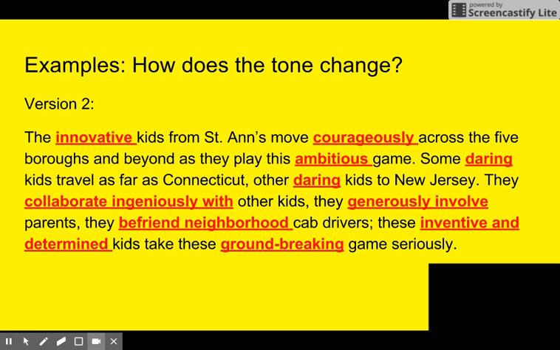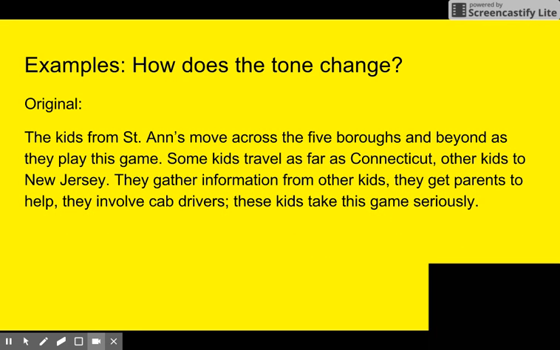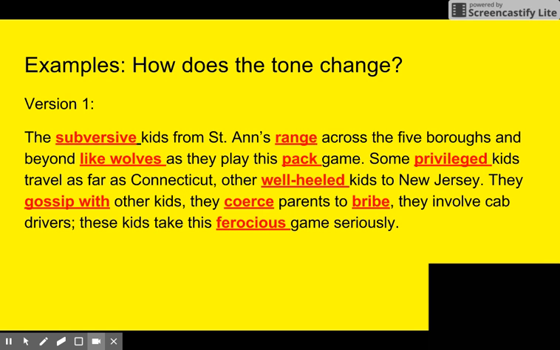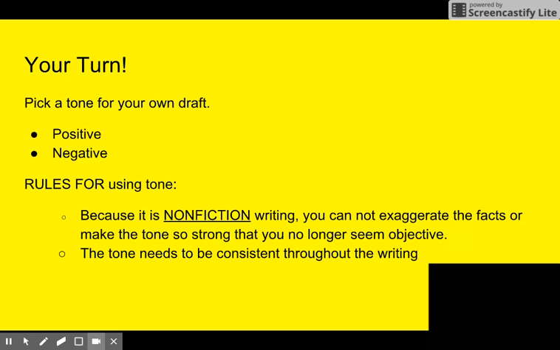They befriend neighborhood cab drivers, and these inventive and determined kids take these groundbreaking games seriously. So do you see how between the 3 examples here, it's a neutral tone, adding in a few words makes it negative, and changing those ones from earlier can make it a positive tone.